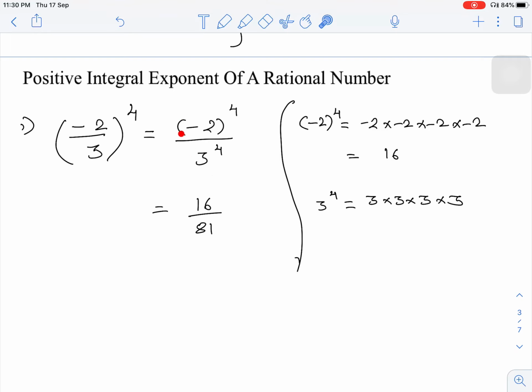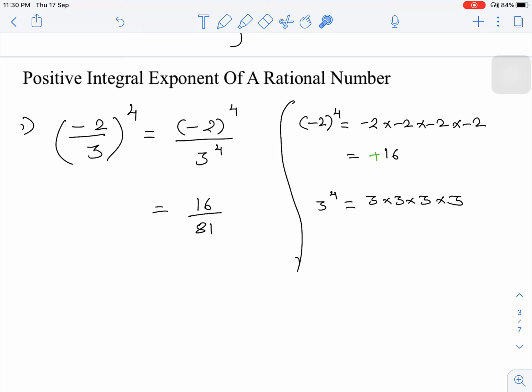Now, minus 2 raised to 4 means minus 2 is multiplied 4 times. The power is an even number, so our answer will be positive. Then 2 is multiplied 4 times. So what will be the value? 2 2s are 4, 4 2s are 8, 8 2s are 16.